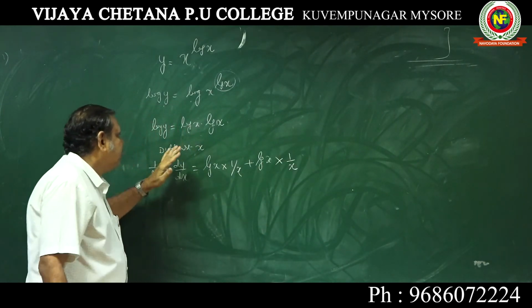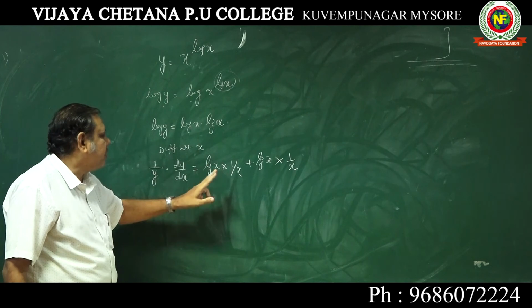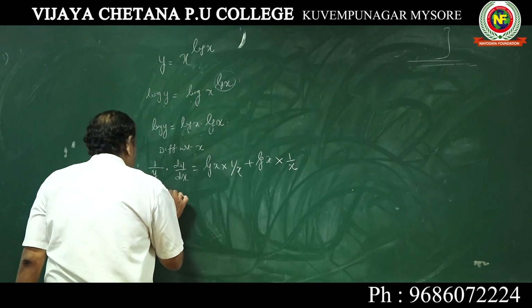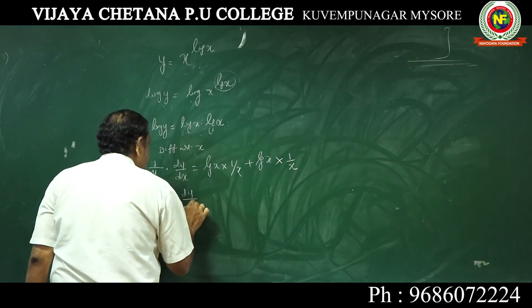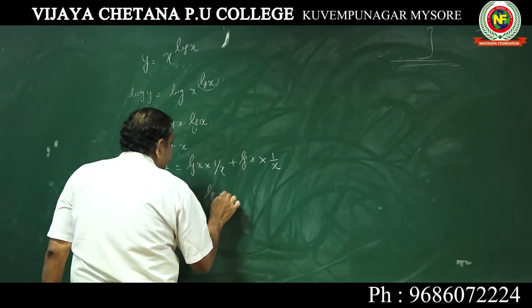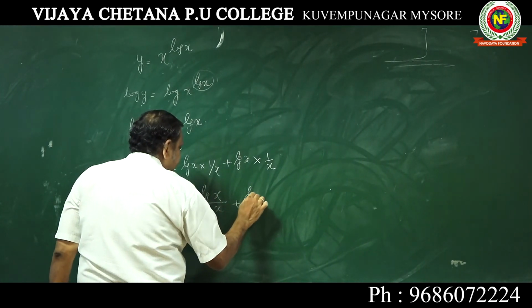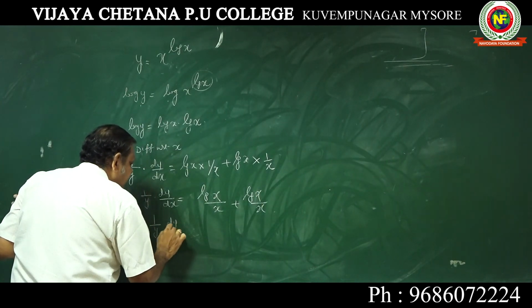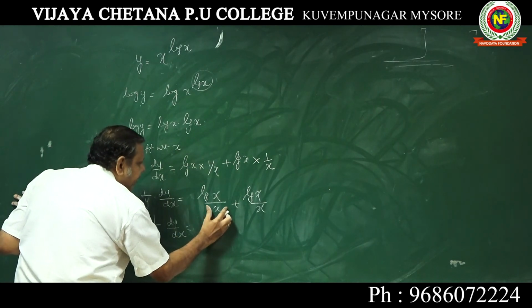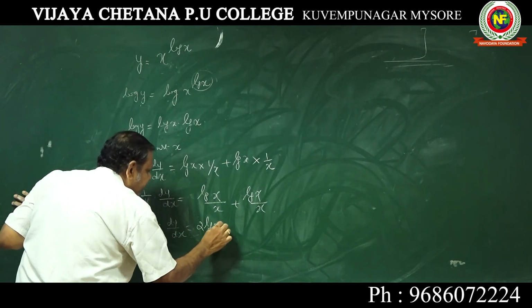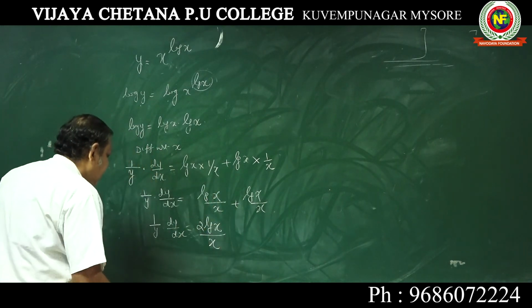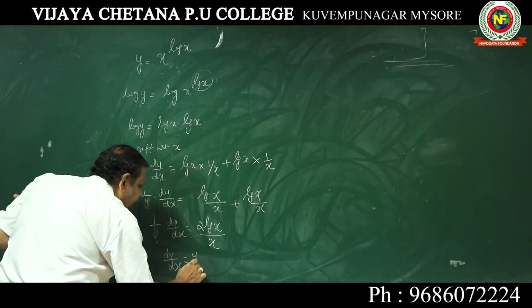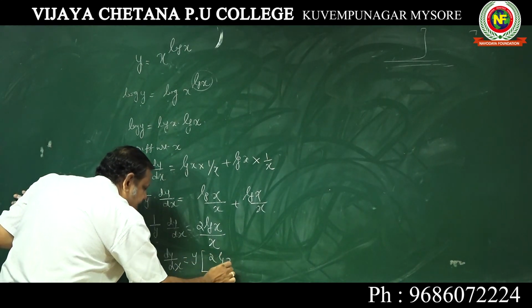So 1 by y dy by dx is equal to log x by x plus log x by x, which is a plus a, 2a, 2 log x by x. Or dy by dx is equal to y into 2 log x by x.